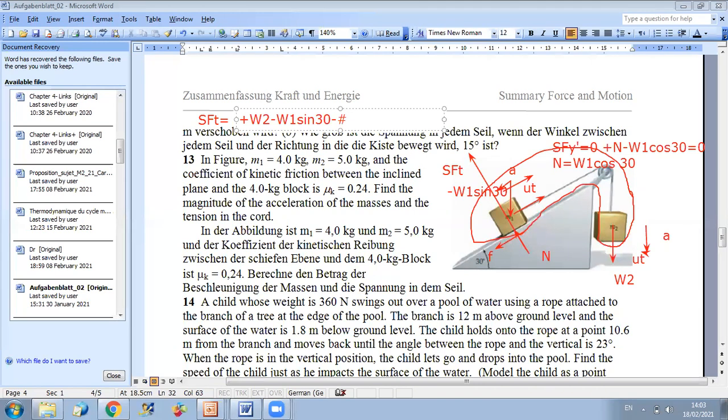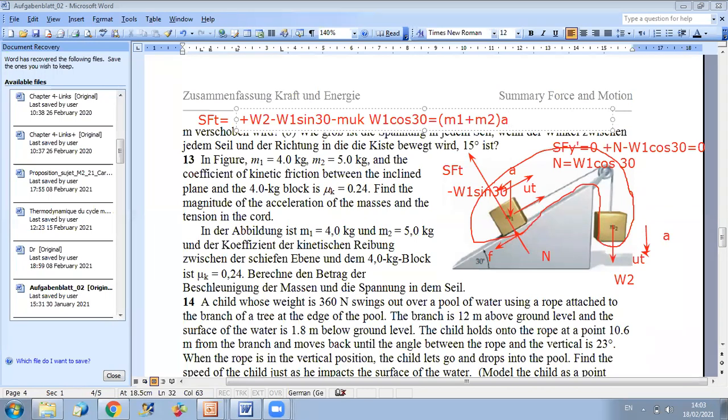I can replace the friction by mu k times N. And what is N? N is W1 cosine 30. This is equal to M1 plus M2 times A. And in this way, I can find the value of A.